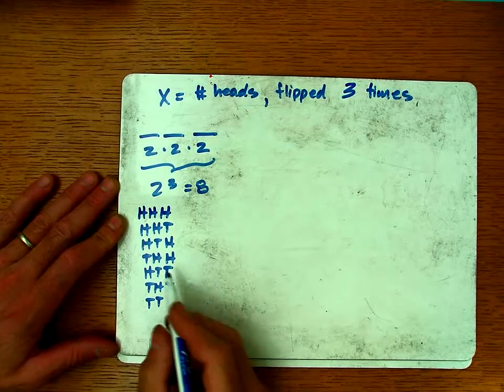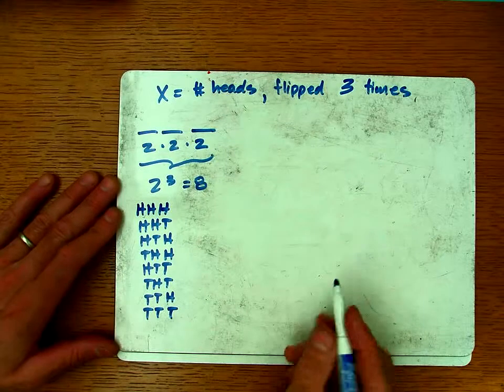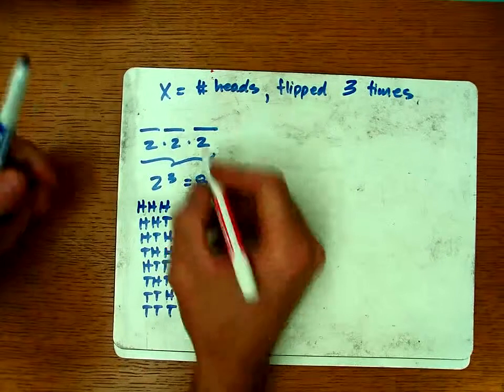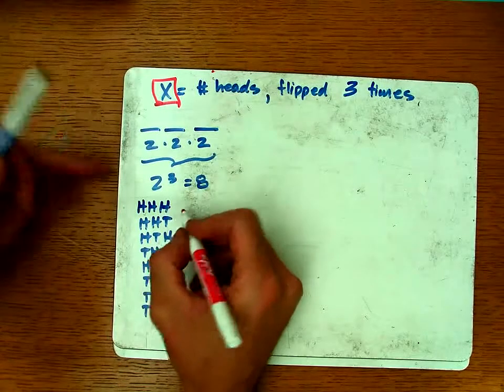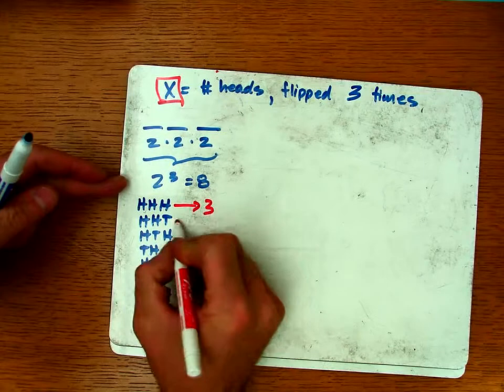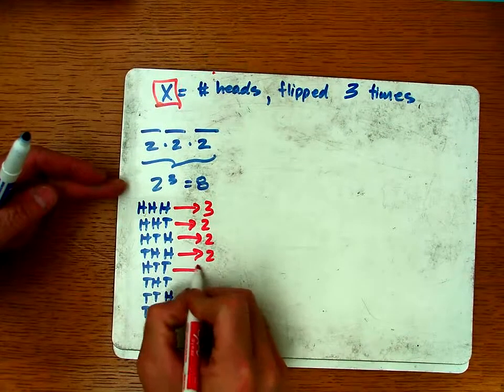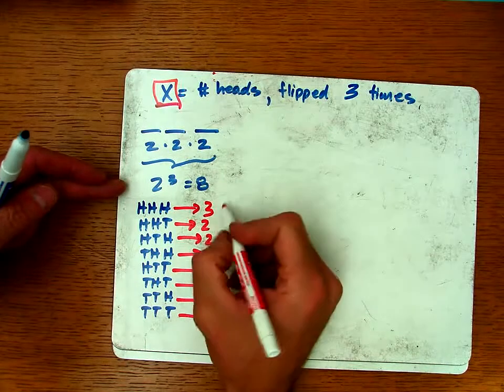So that's 2 tails, and then I guess the last one would be all tails. If we're denoting the number of heads, we'll let x be denoted down here in red. So the number of heads here would be 3, 2, 2, 2, 1, 1, 1, and 0.